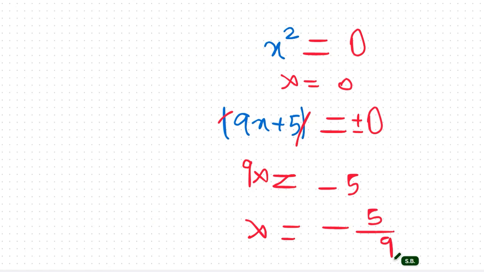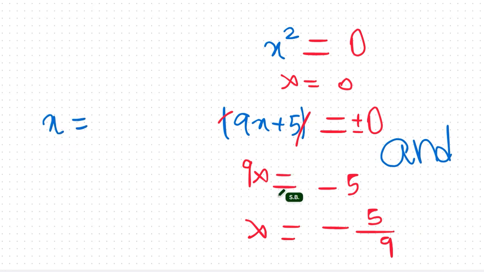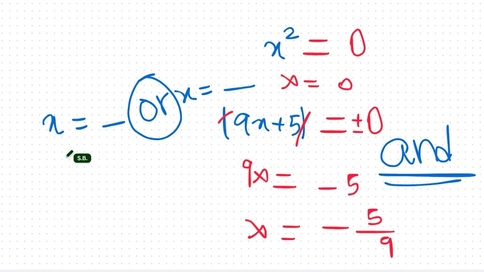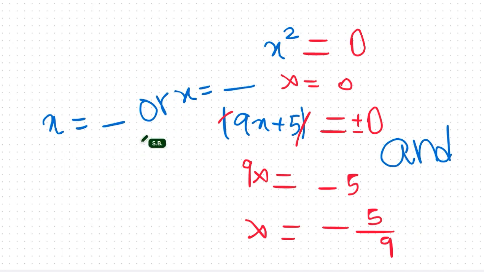So minus 5 by 9, right? So you have to write here "and". For quadratic equations, when you are solving, you use x is equal to this or x is equal to this, right? So "and" or "or" are important.